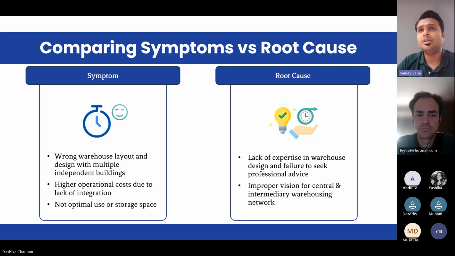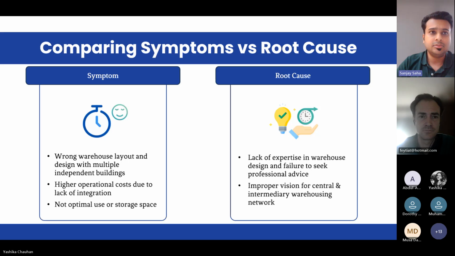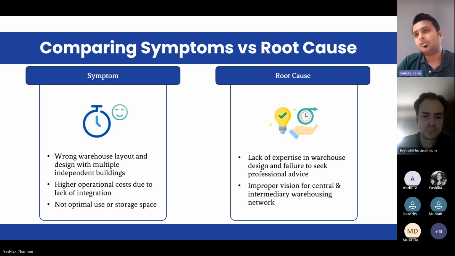Sometimes what happens with a symptom and a consequence or a root cause is the way you write it. So a symptom can be a consequence, or a consequence can be a symptom if you write it properly. Like you said, one of the examples you gave was high costs, but if you write it this way, that this will result in high cost, that is the consequence.